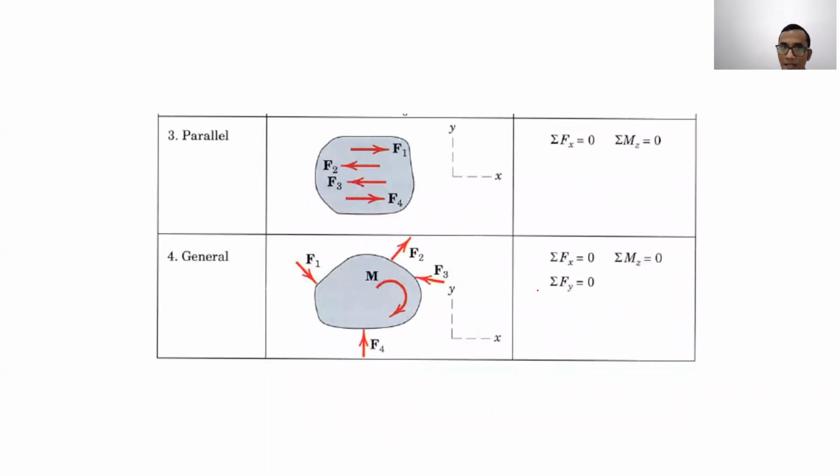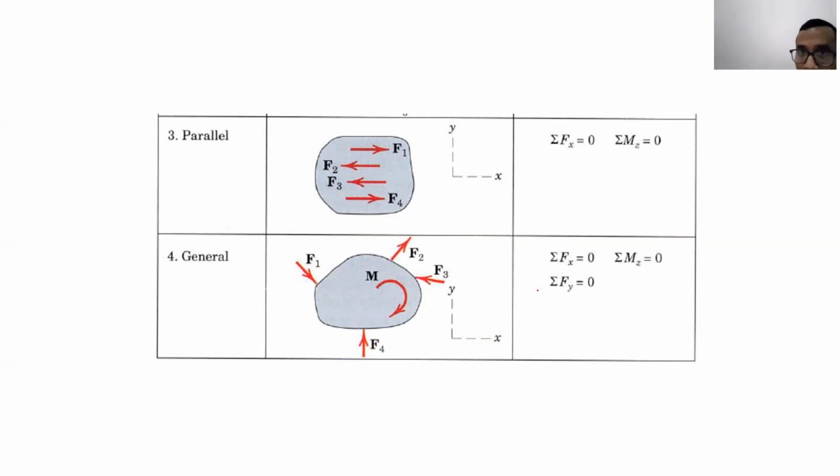The other example of the free body diagram is a stone with a parallel force system. Actually, this is the same as the previous problem, yesterday's problem that we solved at the end of the class.